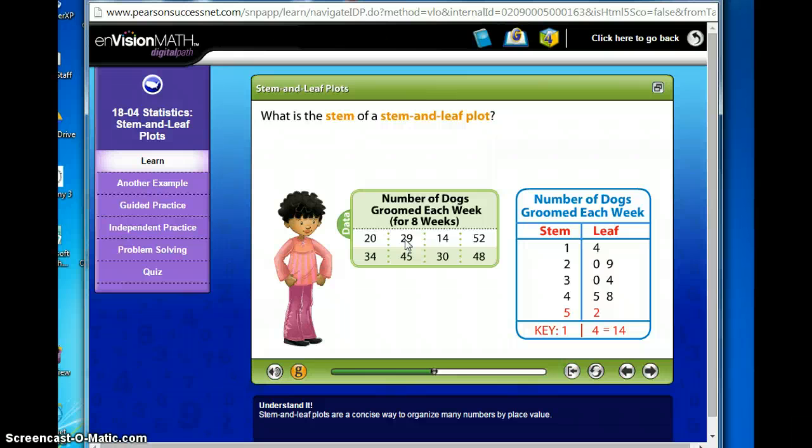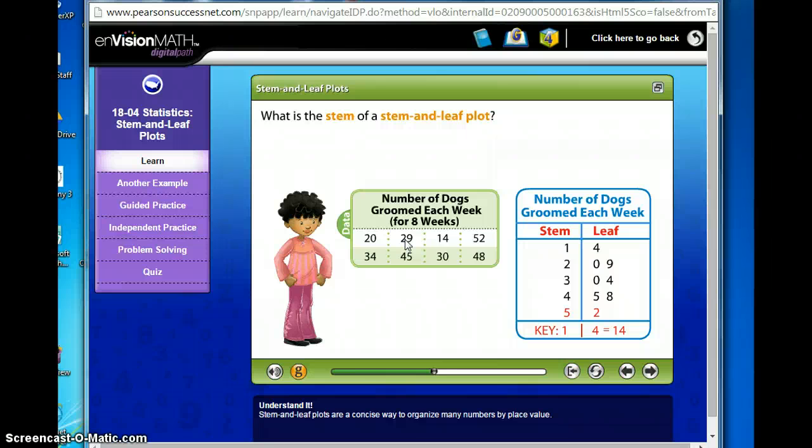We have two numbers that are in the 40s, a 45 and a 48. We only have one number in the teens, that's 14. We have one number in the 50s, that's 52.